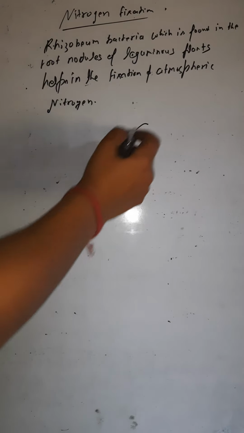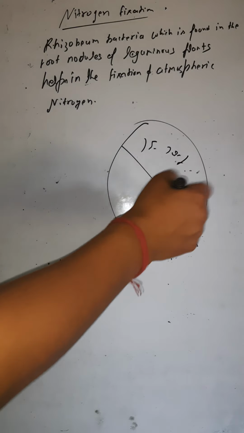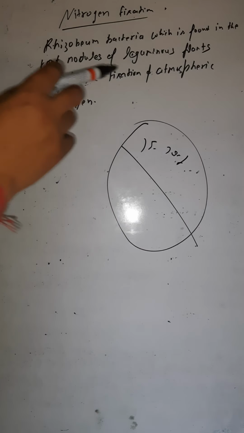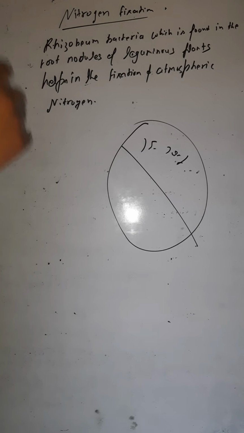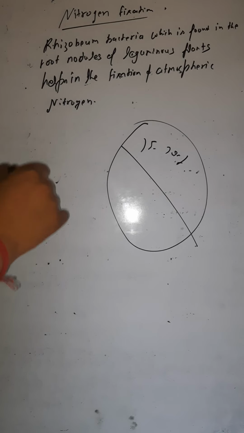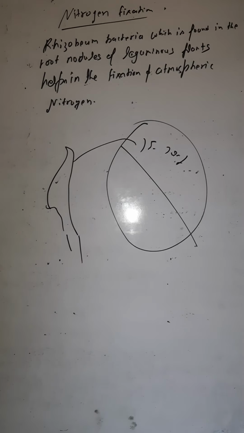How is it done? In the atmosphere there is around 75 to 78% nitrogen. This nitrogen is necessary for the growth of plants, but plants cannot take nitrogen directly from the atmosphere.